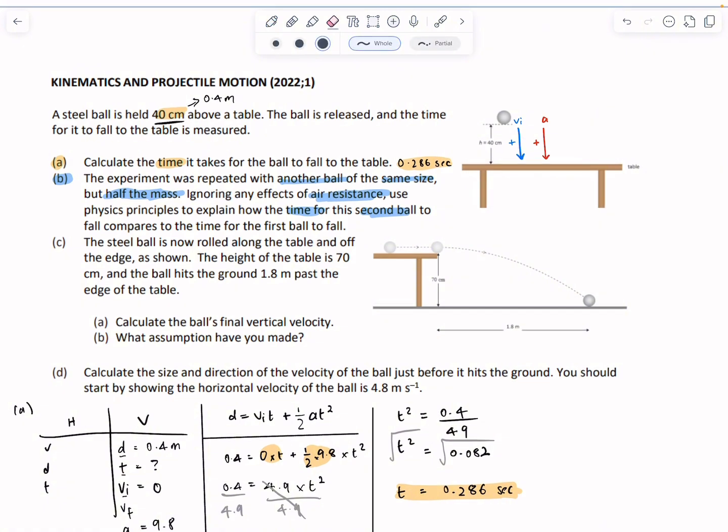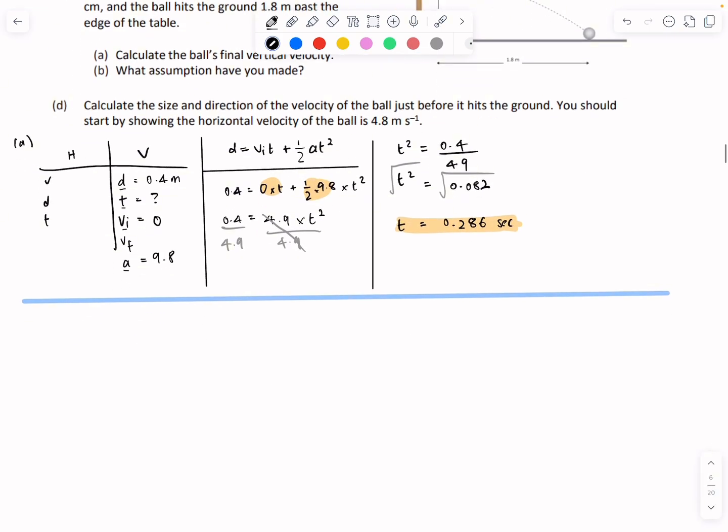I want you to think back to the start of the year when I showed you that classic video of the bowling ball and the feather. They put the two side by side and then dropped them.